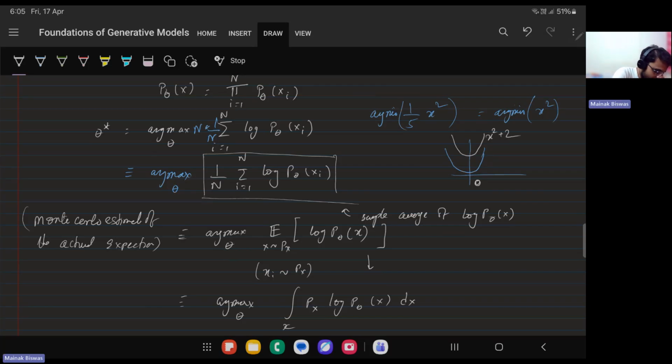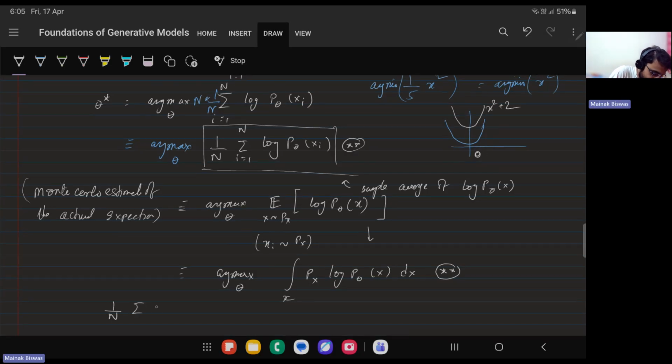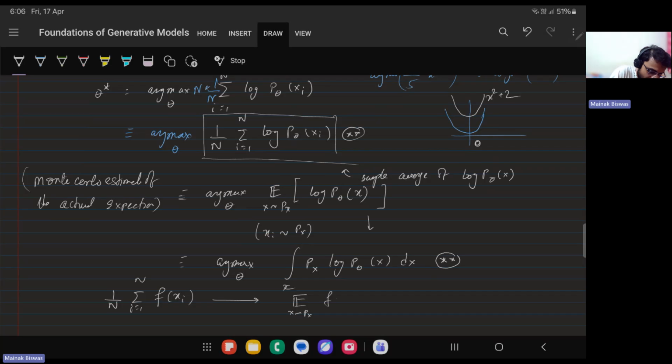This is basic probability: when expectations are computed, by the law of large numbers, (1/n) times the sum of f(x_i) for i equal to 1 to n converges to the actual expectation of f(x), x sampled from p(x), as n tends to infinity. This is called the law of large numbers.